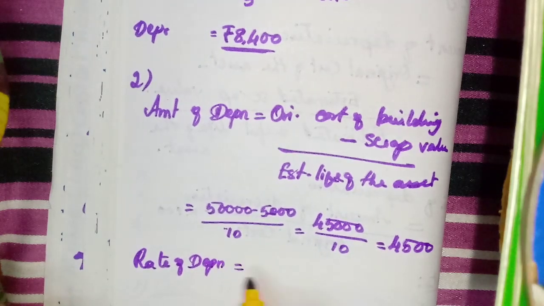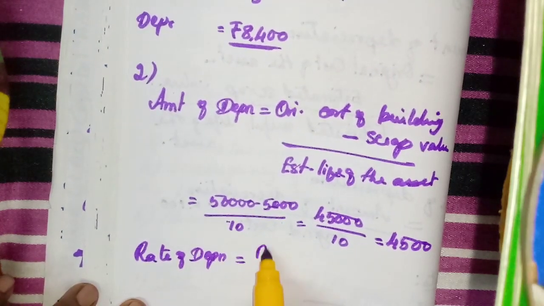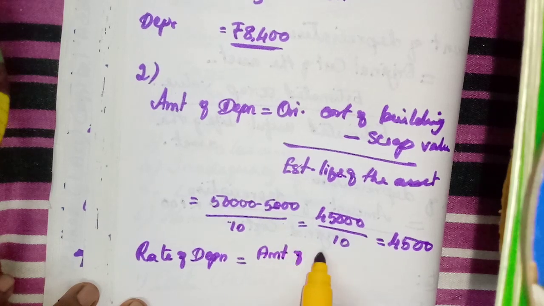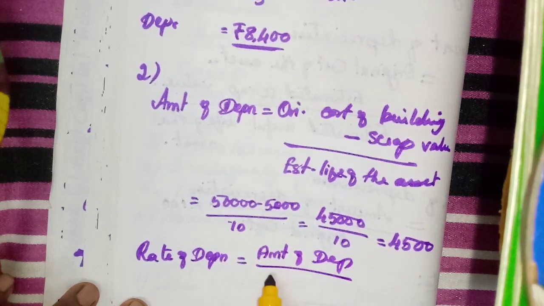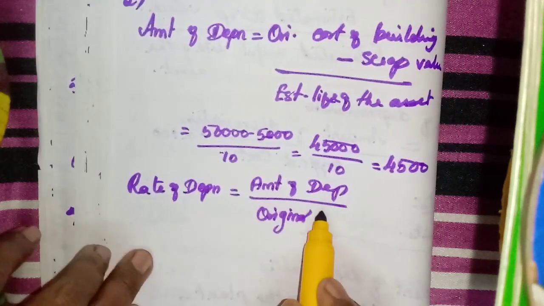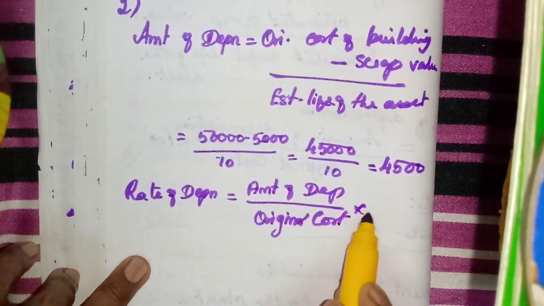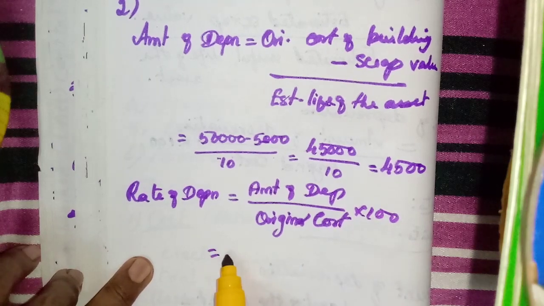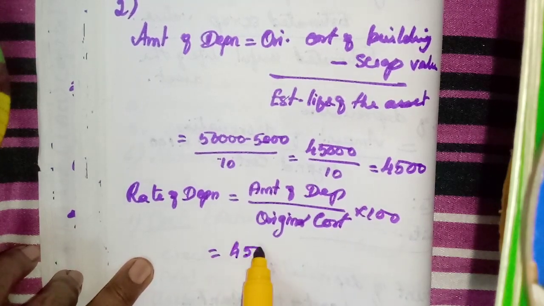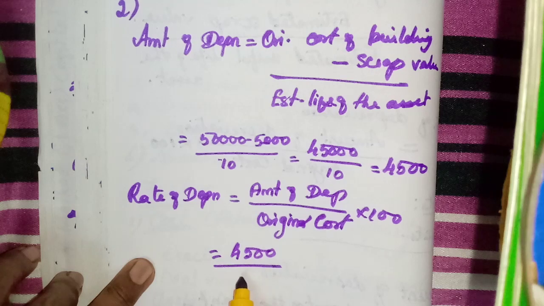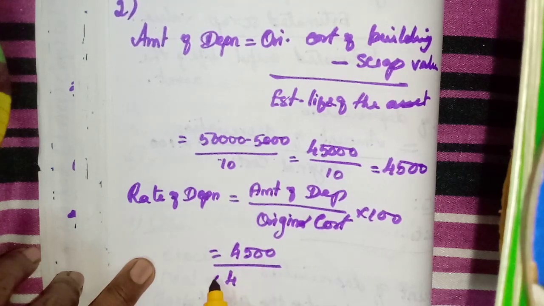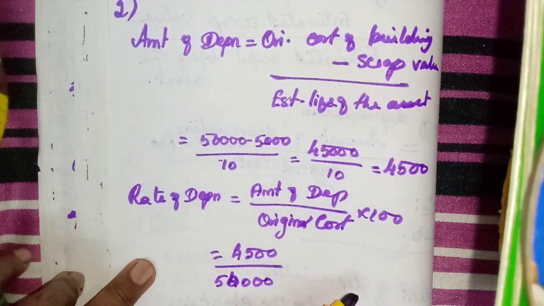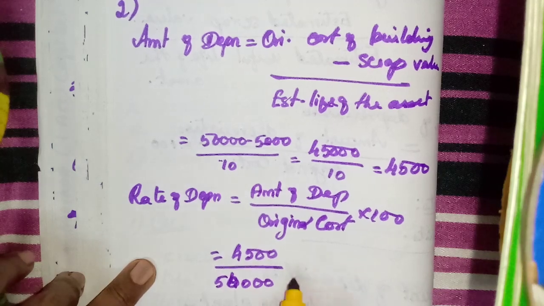Then the rate of depreciation, you write fully: amount of depreciation divided by original cost into 100. What is the amount of depreciation? 4,500. Original cost 50,000, isn't it?